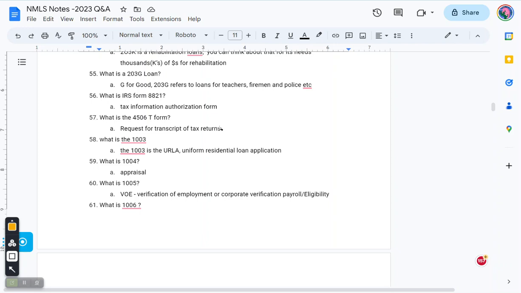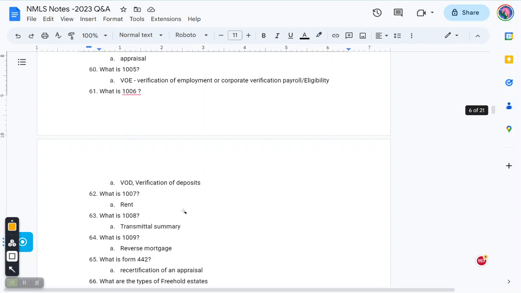Okay. The next one is, what is 1006? It's for VOD or verification of deposits. What is 1007? That's the rent application. 1008, that's the transmittal application, and 1009 is the reverse mortgage.